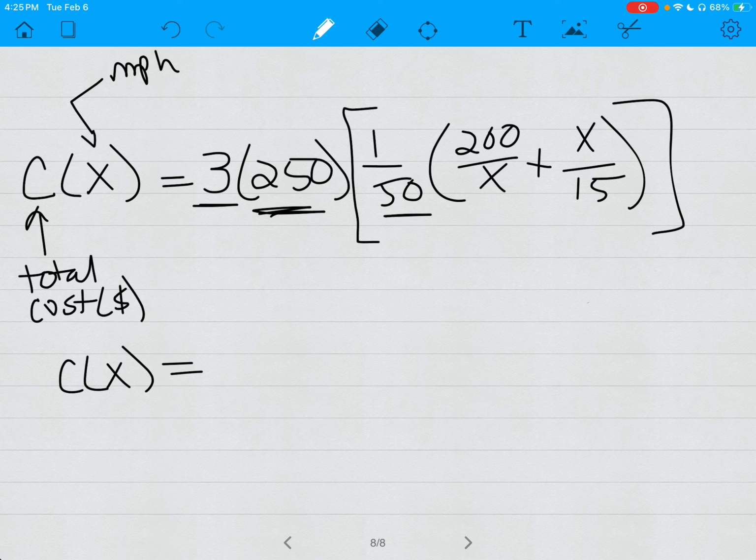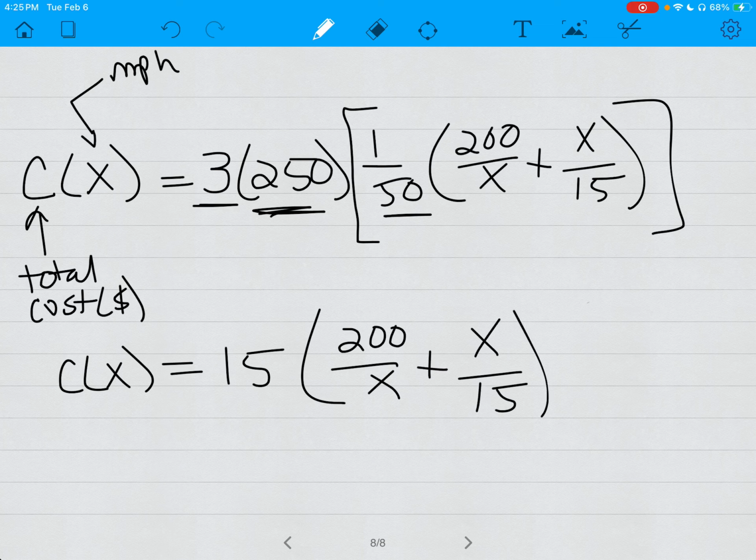We divide that by 50 or multiply it by 1 over 50, depending on how you want to look at it. And we get 15. And then we have the 200 over x plus x over 15. And I'm actually going to distribute this through.